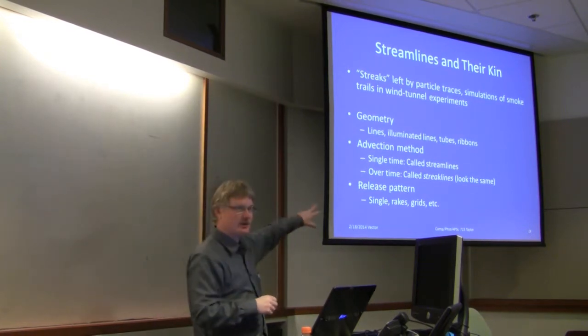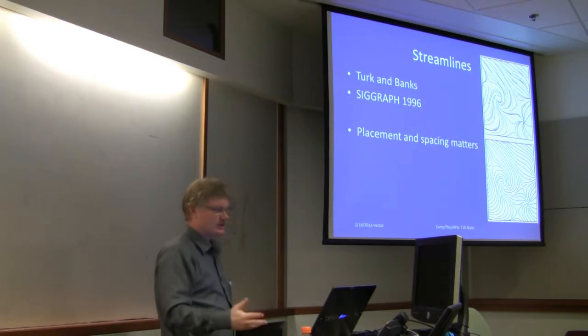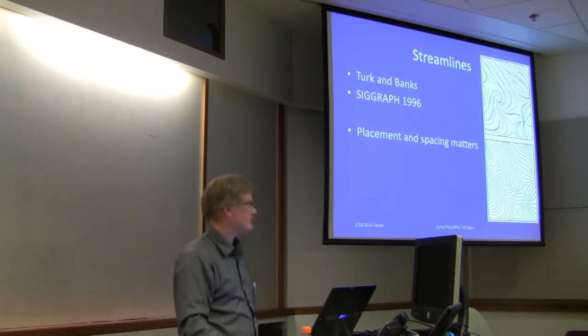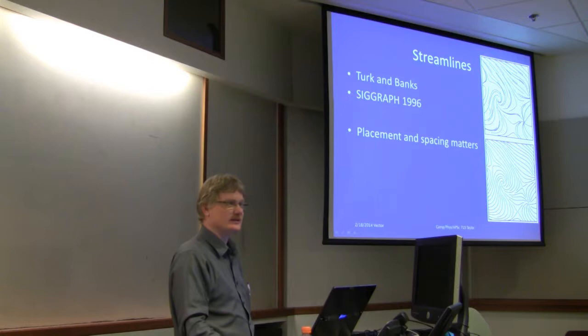All right, and there's the same question about how do you release them, which shows how they fill up space. It turns out that placing and spacing of these matters, right? So this was the 1996 Jobard and Lefer paper. This is uniformly seeded streamlines, right? So the points that these started on were a uniform grid, and there are all kinds of interesting patterns, not really to do with the data, but with the uniform grid sampling.